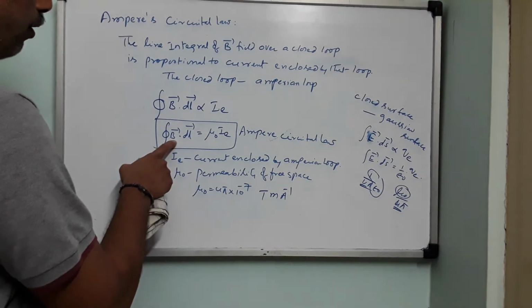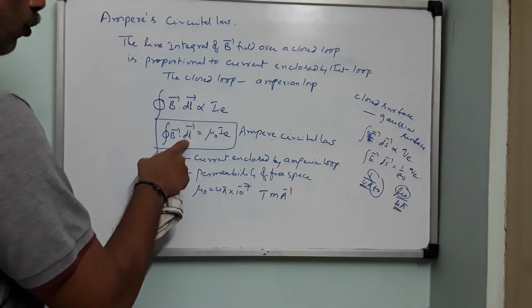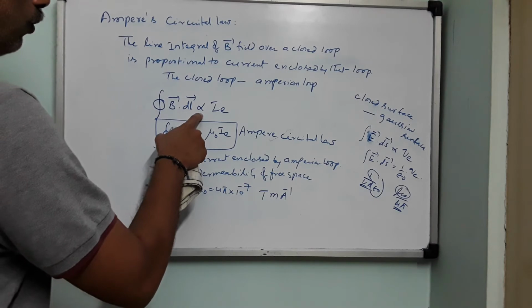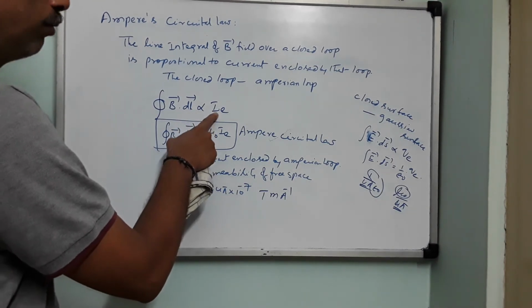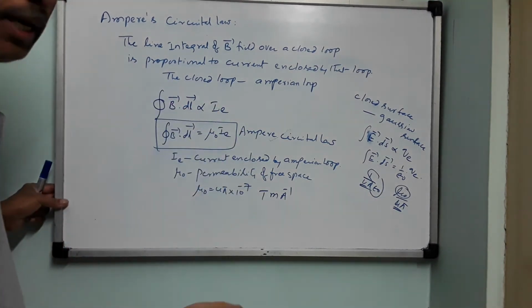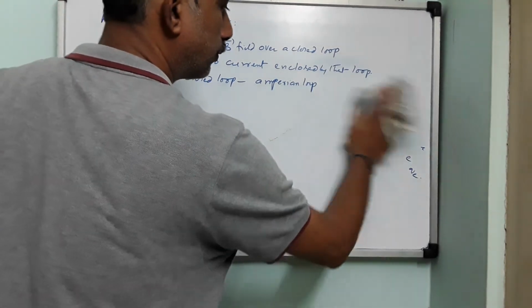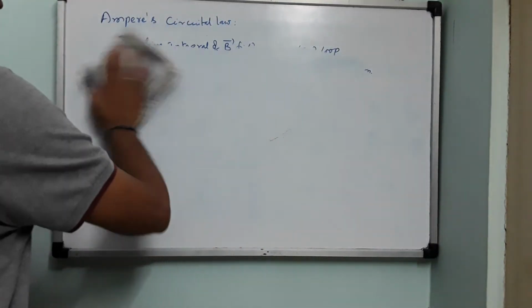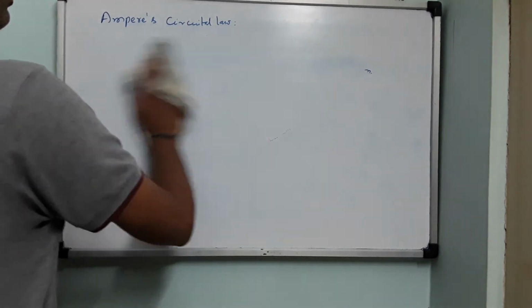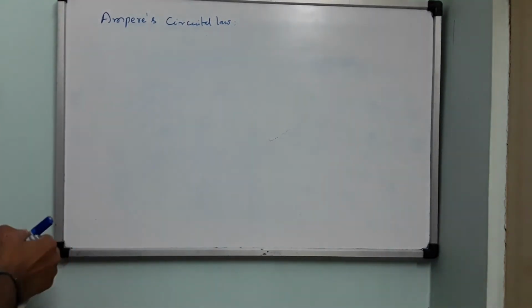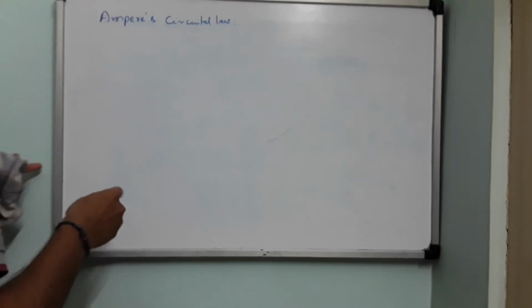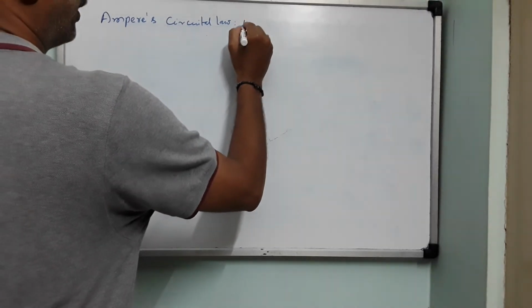Line integral of magnetic field over a closed loop is directly proportional to the current enclosed by that loop. How this loop will enclose the current, that we will see in the applications. Now the heading is added: applications.